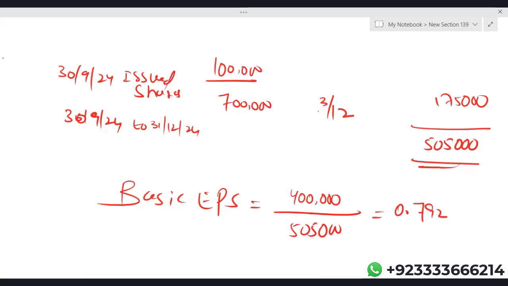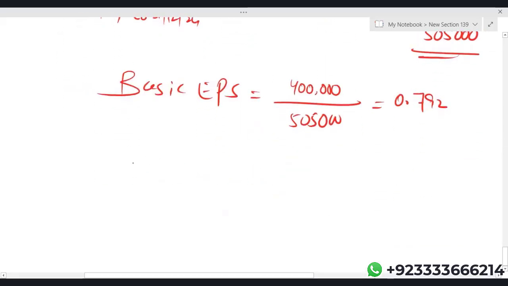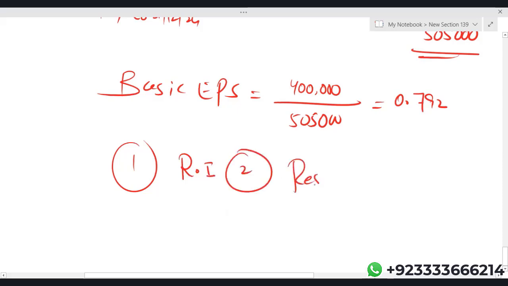Now, students, listen very carefully. Since it is just the first class of the December 2024 session, I deliberately don't want this first live revision class to be very long. What are we going to discuss? Remaining areas in IAS 33, how to deal with the rights issue, the concept of restated EPS. How do we restate the basic EPS?